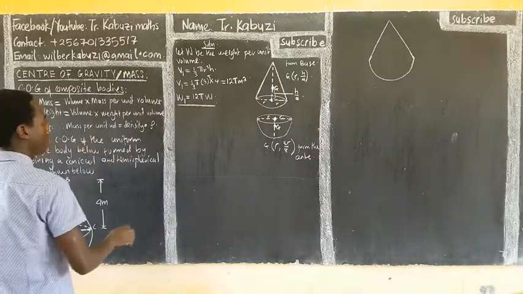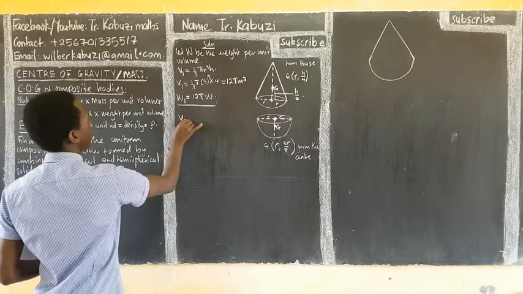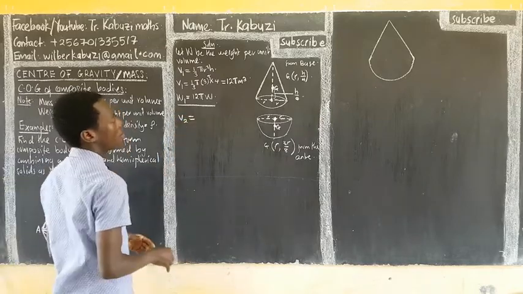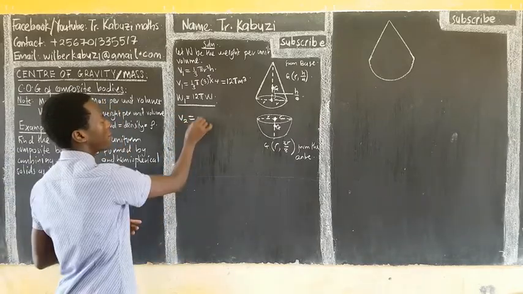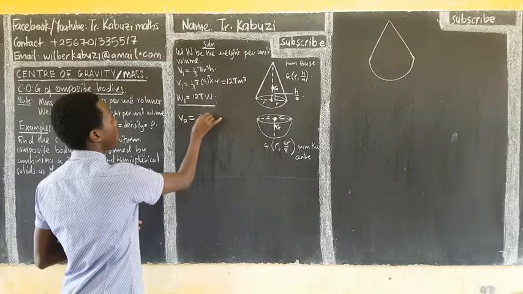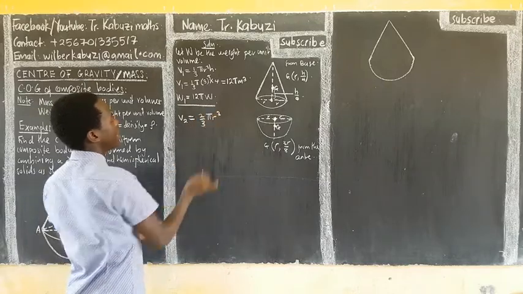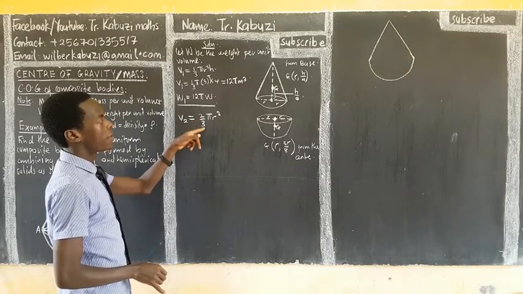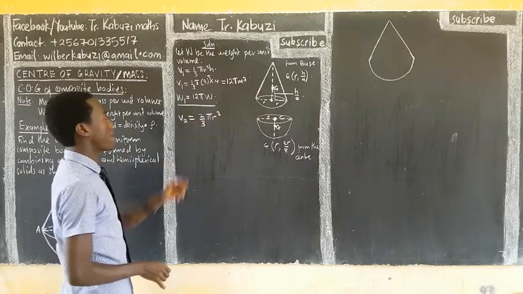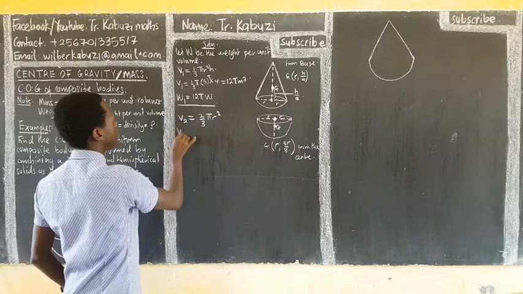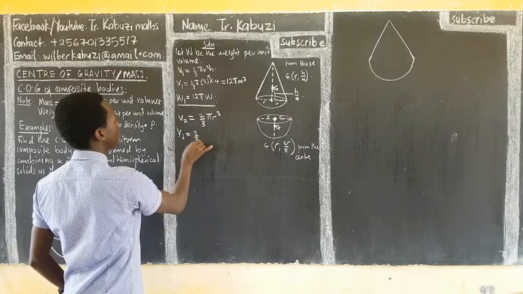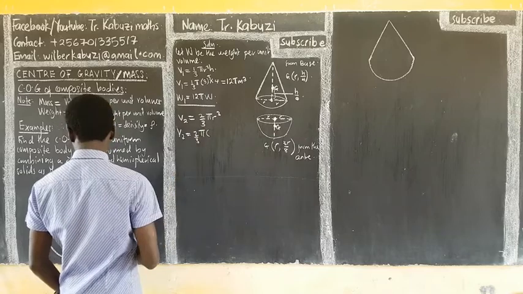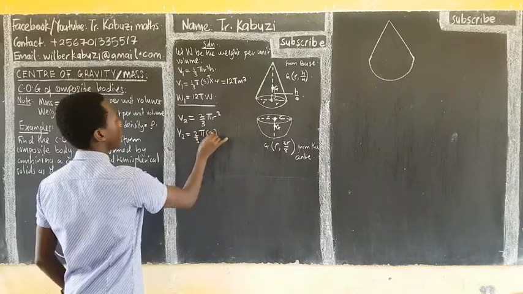For the second weight, we have the hemisphere, V2. If you get a hemisphere, its volume is going to be 2/3 pi r cubed. It's a half of a full sphere. So for a full sphere it's 4/3, but for this one it is half of that. So our V2 is going to be 2/3 pi into 3 cubed.